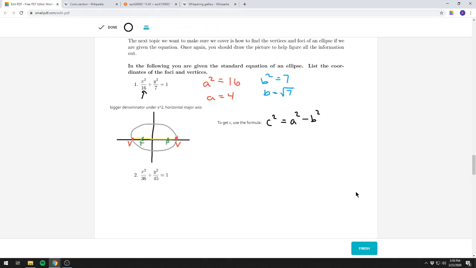Right. And then realizing that you already have a squared and b squared in the formula, you don't really need a and b for this. You just use a squared and b squared. We get c squared equals a squared, which is 16, minus b squared, which is 7. 16 minus 7 is 9. And the square root of 9 to get c is 3.